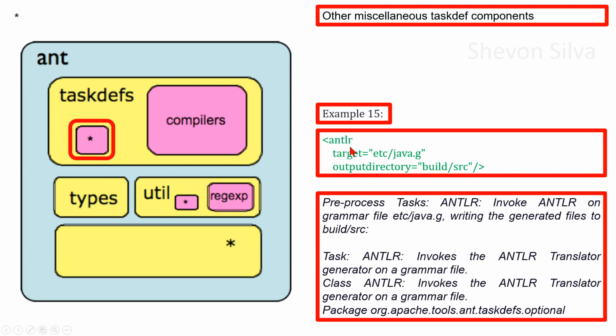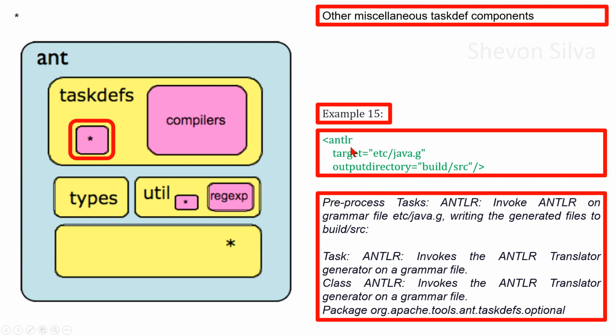Now we are considering ANTLR in preprocess tasks. Here, invoke ANTLR on grammar file etc/java.g, writing the generated files to build/src.